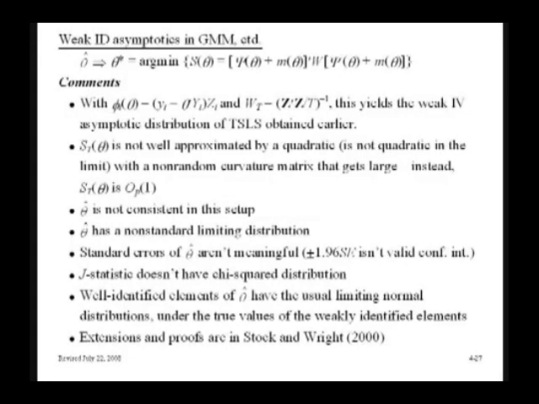Now, this looks a bit much, but in fact, this is just a natural extension of what the two-stage least squares calculation did. And in fact, if you follow through all of this, and if you take derivatives of this objective function, for example, you get the limiting distribution of the two-stage least squares estimator that we did back at the beginning. So this just generalizes this two-stage least squares stuff.